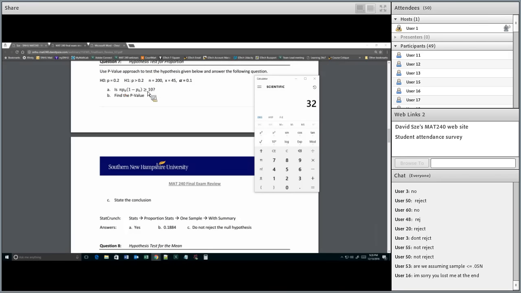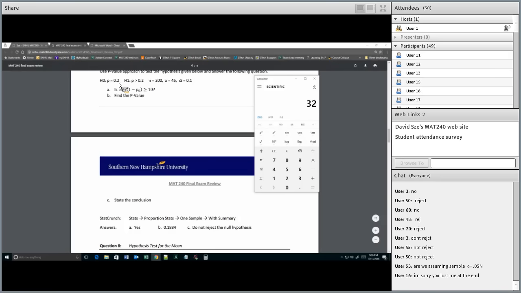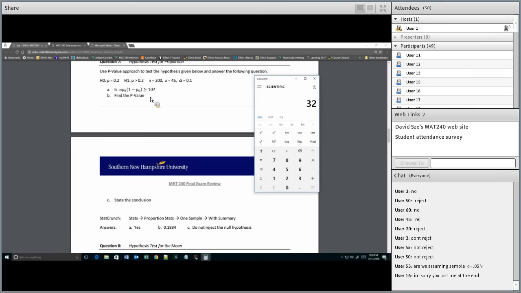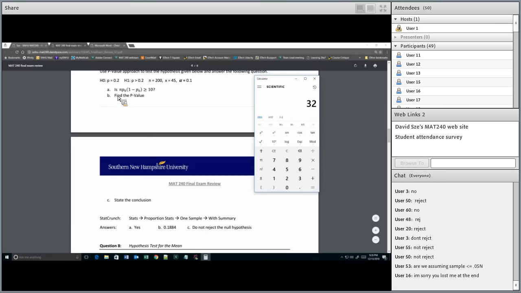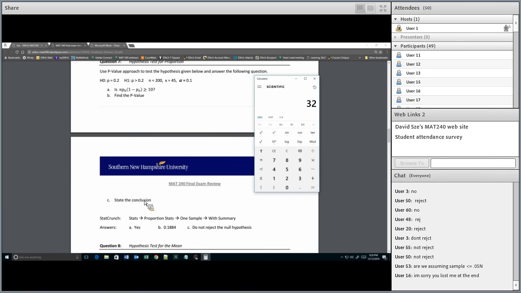So this is simply 200 times 0.2 times 0.8, and when you multiply those values, you get 32. And so the question is, is 32 greater than or equal to 10? So 32 is greater than 10, so yes, it is true. And if that is true, then I meet the requirement to carry out the hypothesis test.